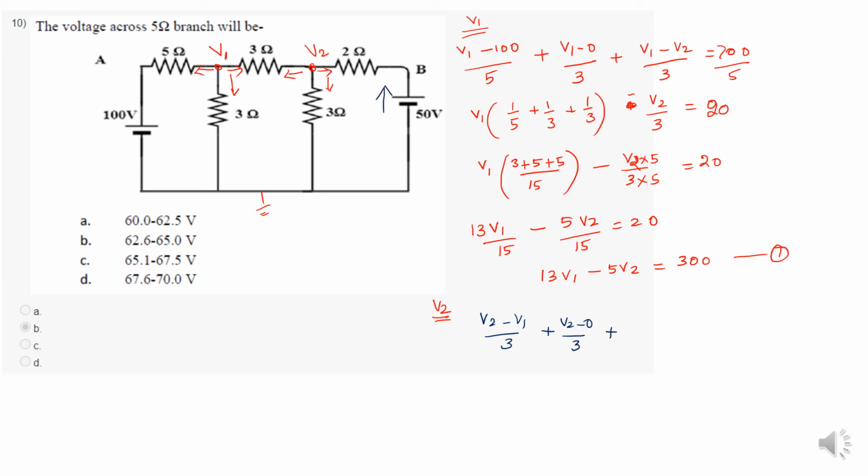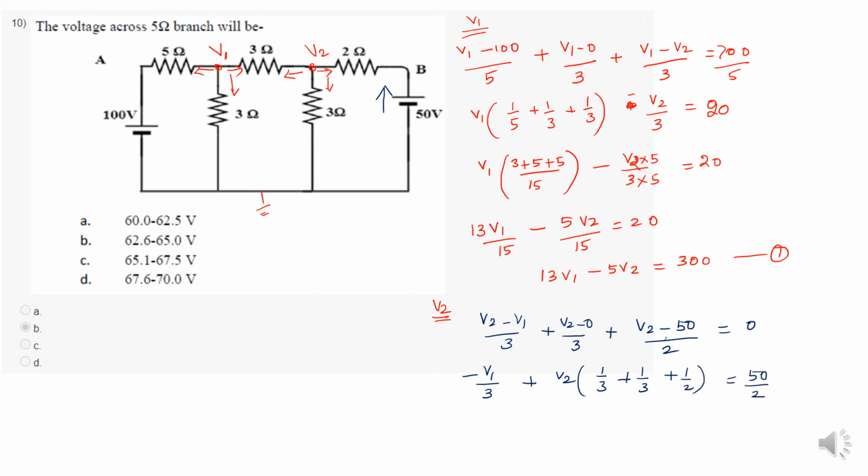So how to write this? V2 minus 50 divided by 2, that is equal to 0. So first of all, I have to write V1 by 3 plus V2 of 1 by 3 plus 1 by 3 plus 1 by 2, that is 50 by 2.